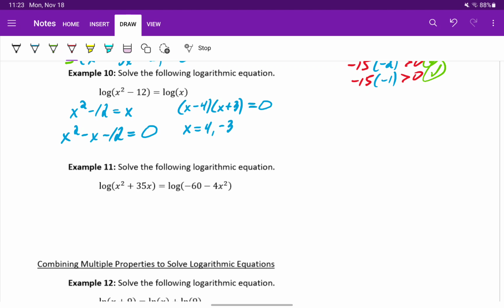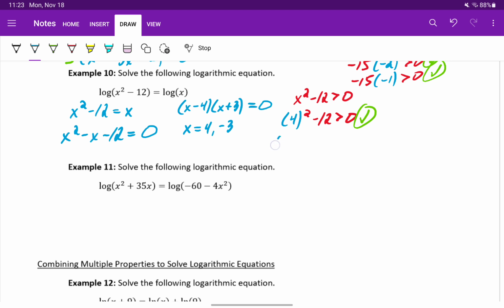We need to check those values against each logarithmic statement. So first, x squared minus 12 has to be greater than 0. That means 4 squared minus 12 needs to be greater than 0. That'll check out because we'll get 16 minus 12, which is a positive result.